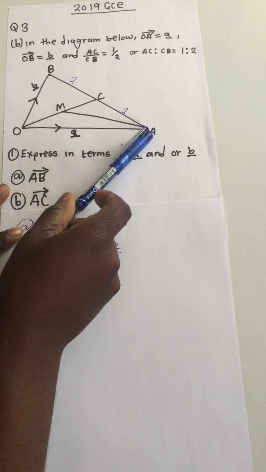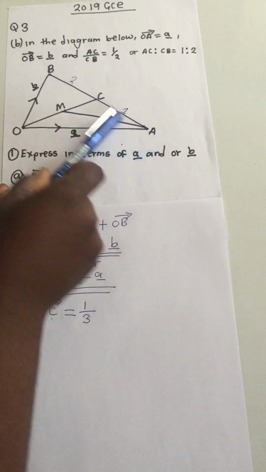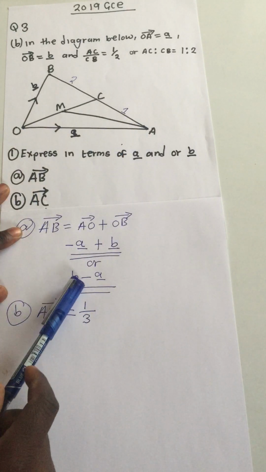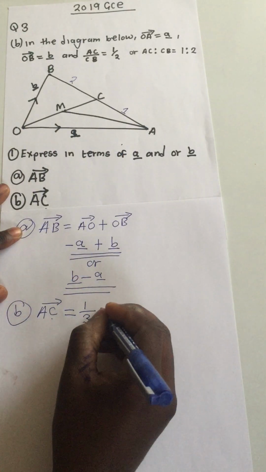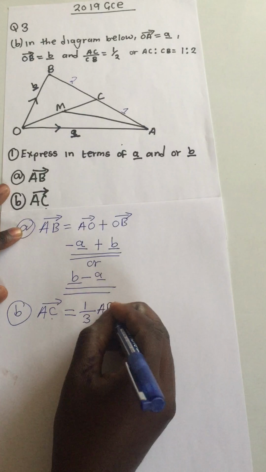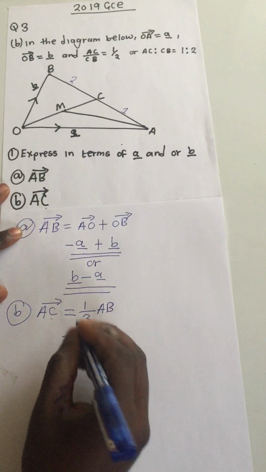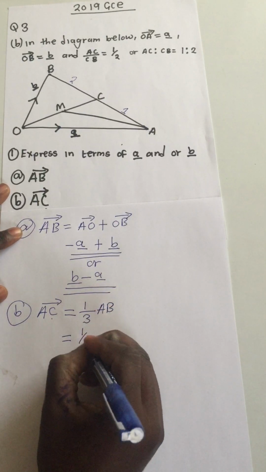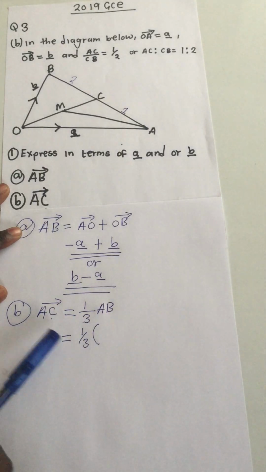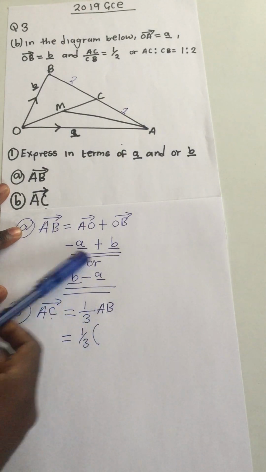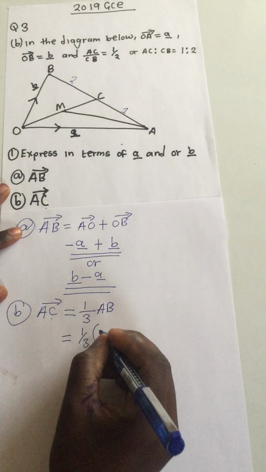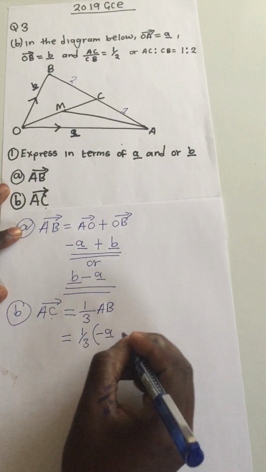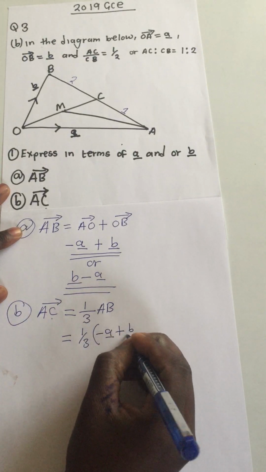And it's in line with AB. For AB, you know the vector, which is the answer you got at A. So you say 1 over 3, open the vector for AB, which is negative A vector plus B vector.